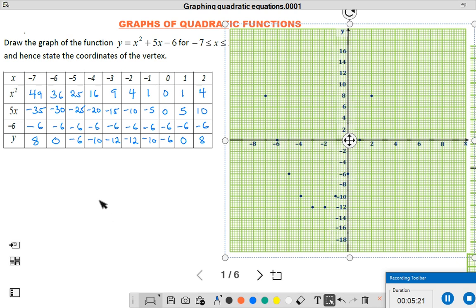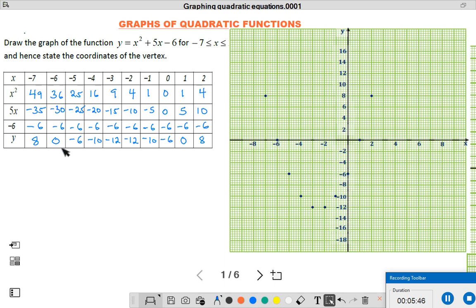So this is my graph. We have y and x axis. So we are going to find the point negative 7, 8. Now negative 7, 8, the point is here. Here we have negative 7, here we have 8 as the y coordinate.